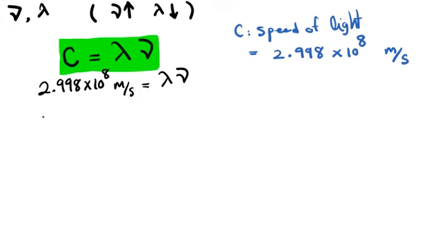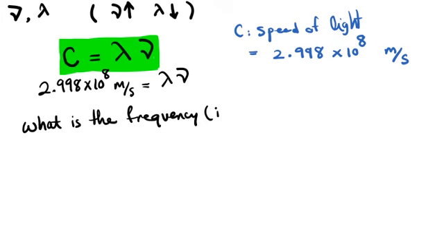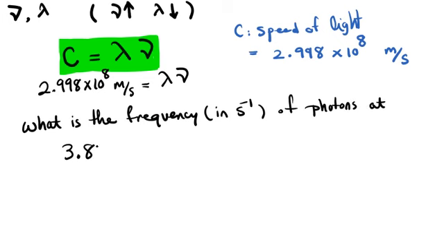So let me ask you to calculate like this one. What is the frequency in per second of photons at lambda equal to 3.81 nanometer?